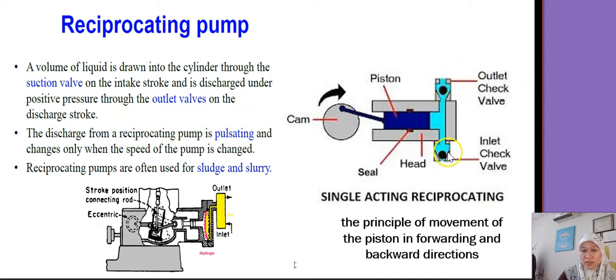The inlet valve will open when it moves backward, and when it moves forward, it pushes the fluid out to the outlet valve. So it goes in and out using the piston's forward and backward direction.